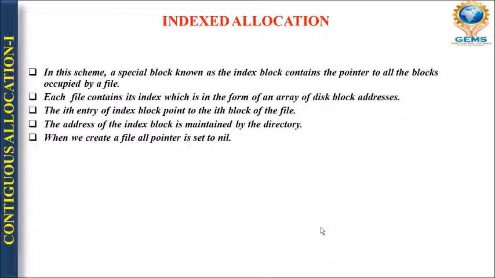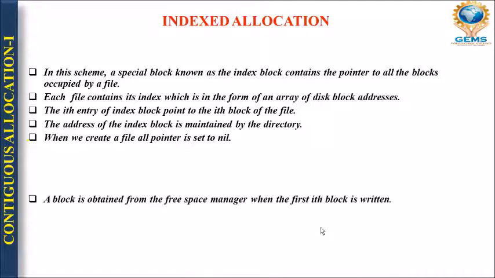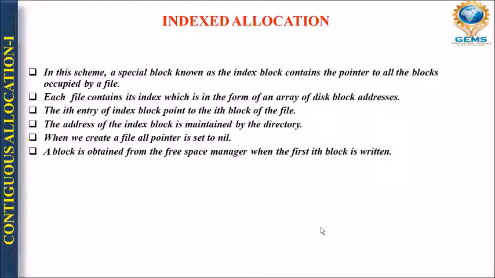Here we are using nil, you may take it as null also. So at the initial level, when we are creating the file, the pointer is always set to null. A block is obtained from the free space manager when the ith block is first written. So what is the responsibility of the free space manager? The free space manager basically provides a block where we are going to write something.